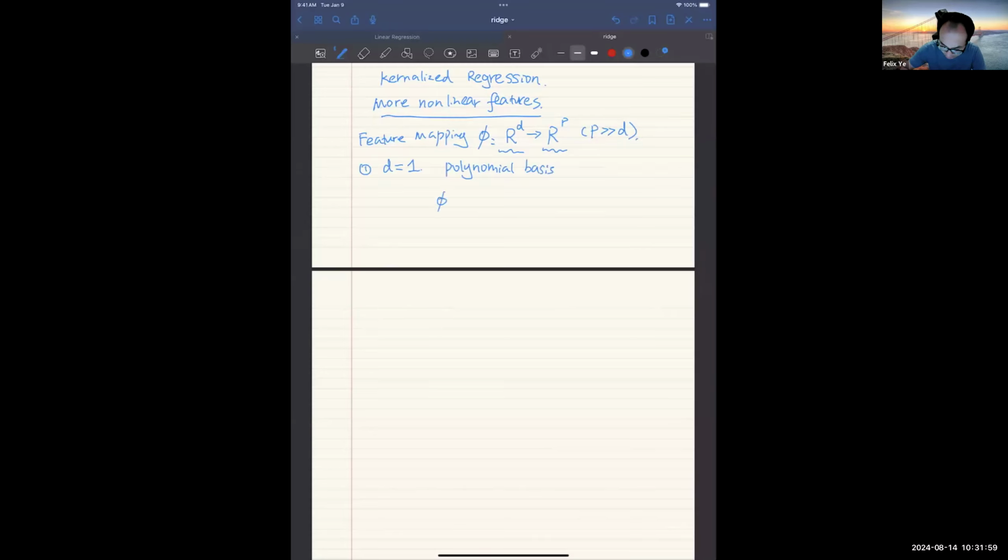Which phi is phi 1 of x. It's 1D, we don't need to put the vector sign here. Phi 2 of x and phi k of x, which will be x squared up to x to the k.